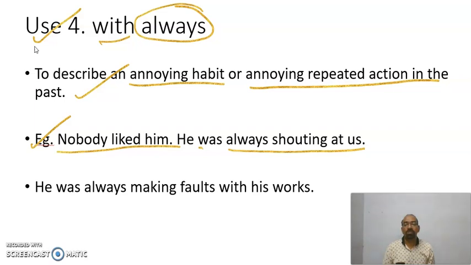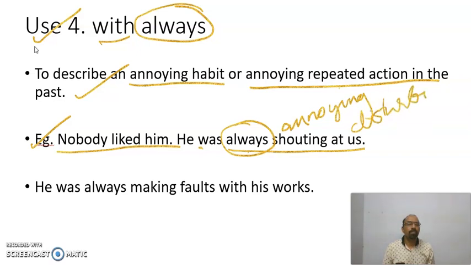So this is the reason why nobody liked him, because he was always shouting at us. This always is used to indicate some annoying, disturbing habit. Annoying means disturbing.